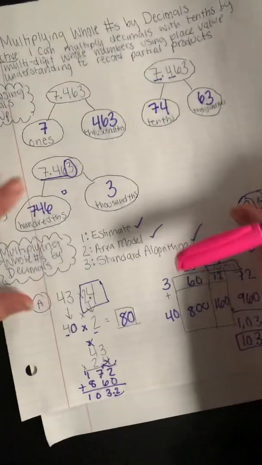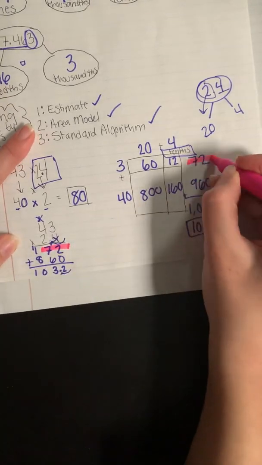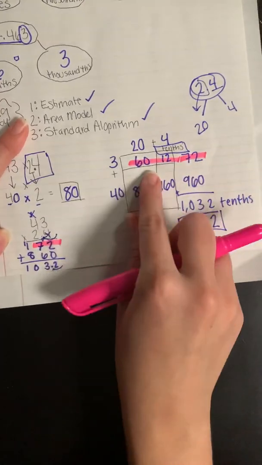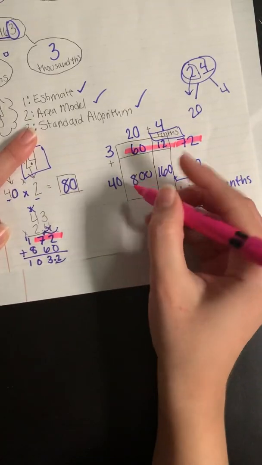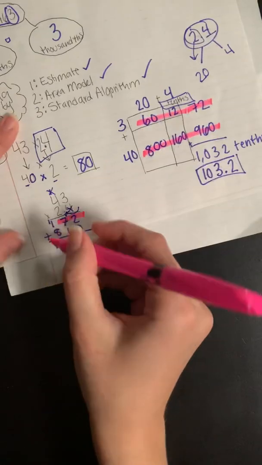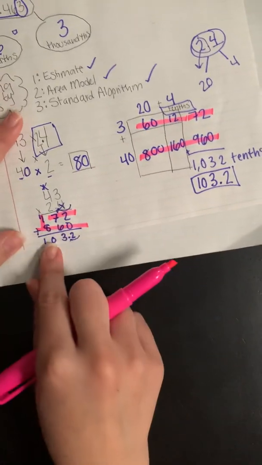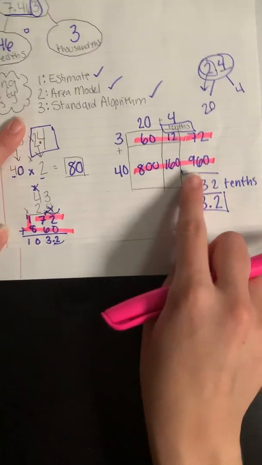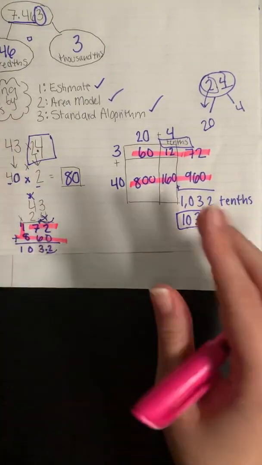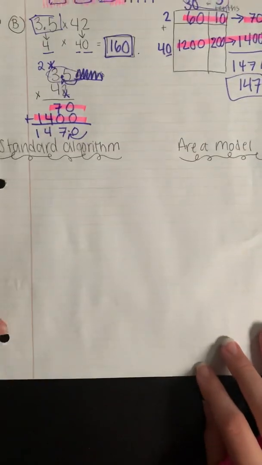And we can see that in this problem too. Here we had 72. Here's our 72 is when we added 60 plus 12 up here, and we get 800 plus 160 is 960. We saw that work here when we carried. So it's kind of cool to see the similarities between these two strategies, because it's all about just a preference of how your brain works when you're learning.